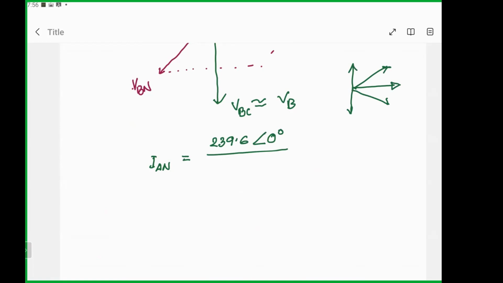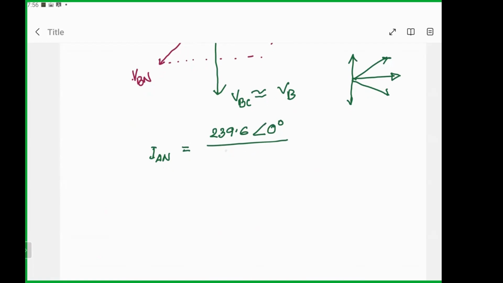Okay. So as it is mentioned as a resistance, I can just write down 30 at an angle of 0 degree. So if you do this calculation, what is the value? I think somebody has done it, it is 7.99, at an angle of 0 degree.